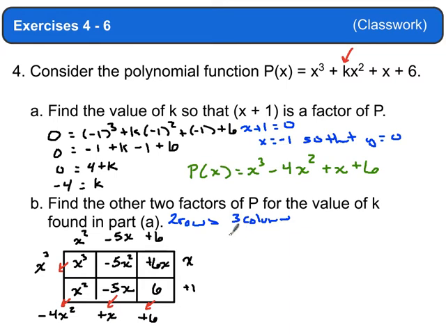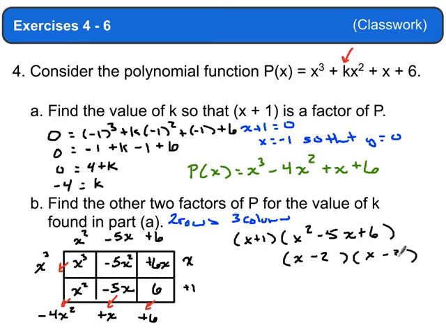So here's where we're at, right? We now know that x plus 1 is a factor. We knew that because we proved that up here. And now we know we have x squared minus 5x plus 6. So we can factor this one, x minus 2, x minus 3 would be our other 2 factors, right?